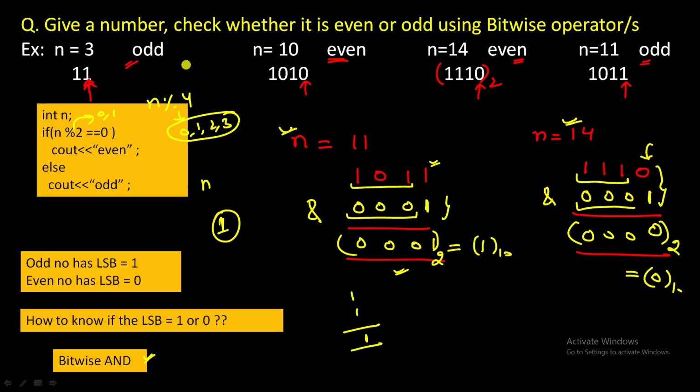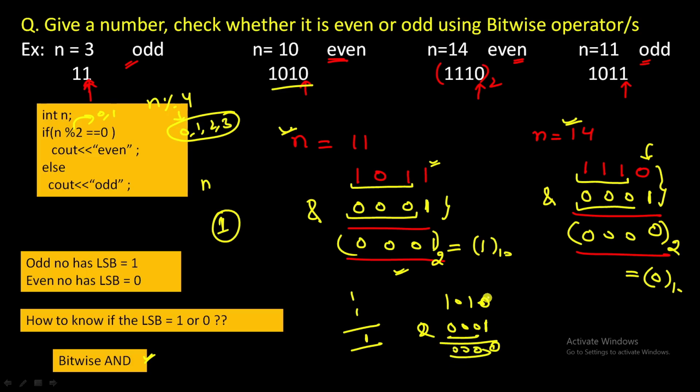If we check any other even number also, like 1010, and apply this mask 1 with the bitwise AND, we will get 0 only, and all the other bits are 0, so we get 0 as the answer.